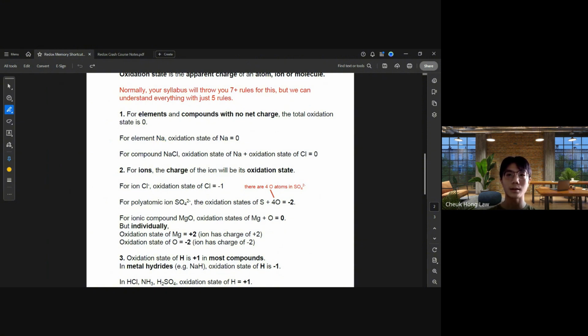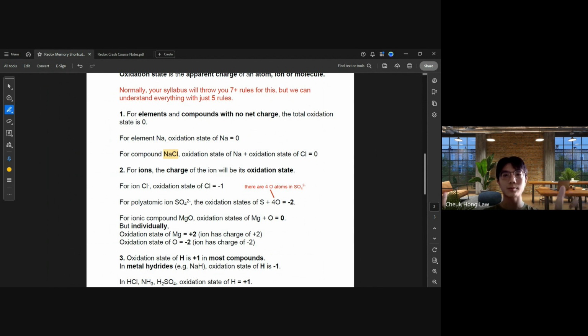Then let's look at neutral compounds. Sodium chloride. You might be thinking, sodium chloride is an ionic compound, so there will be charges. Yes, there will be charges individually, but combined together, the charges will cancel each other out. Sodium has a charge of +1. Chlorine has a charge of -1.